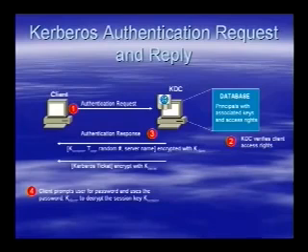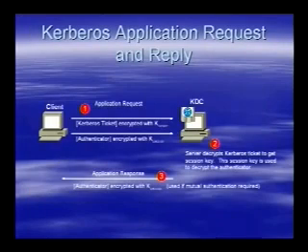And then what the client does, it prompts the user for the password, so whoever's sitting at the client. And it uses that key to then decrypt the session key. So now we have a session key that both the client and the server have.